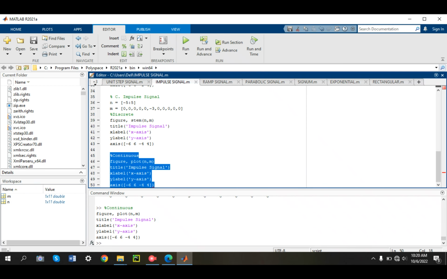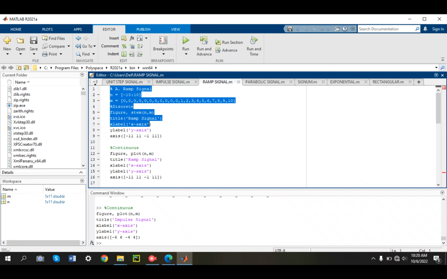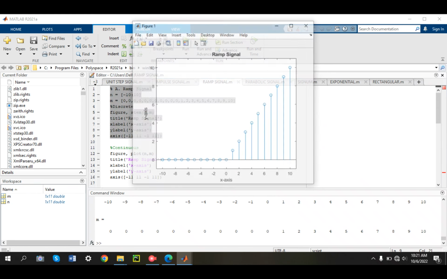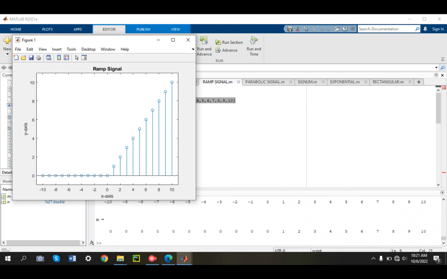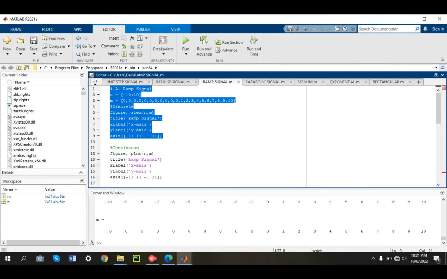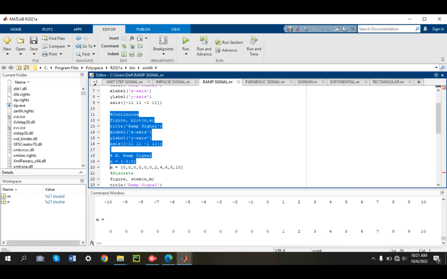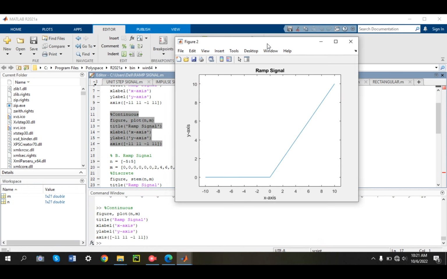So we will proceed to the code for the ramp signals. So this is condition A. This is the discrete, figure 1, and the continuous, figure 2.